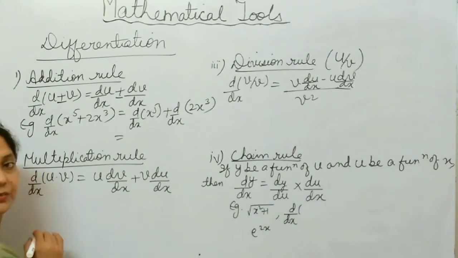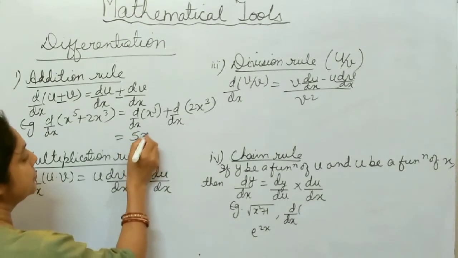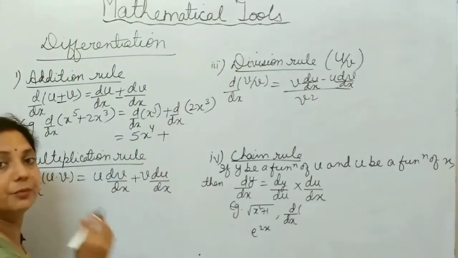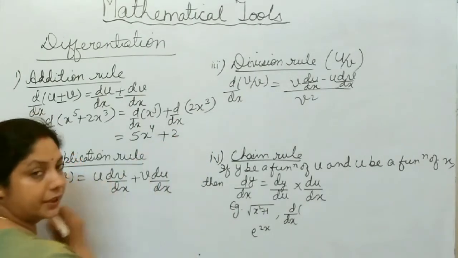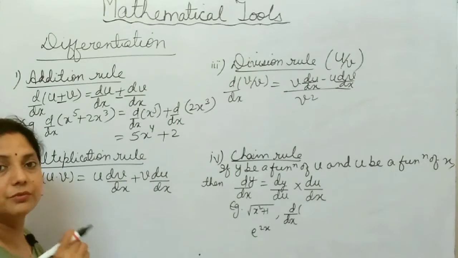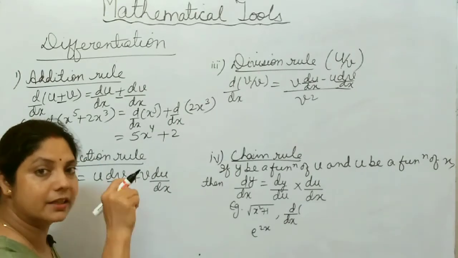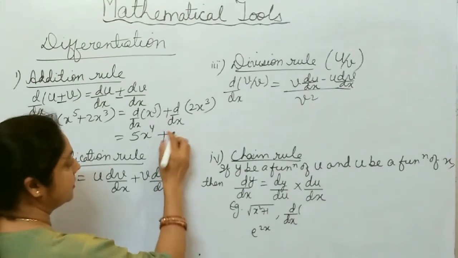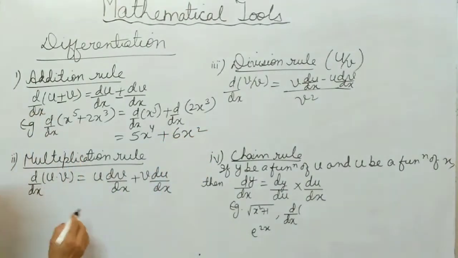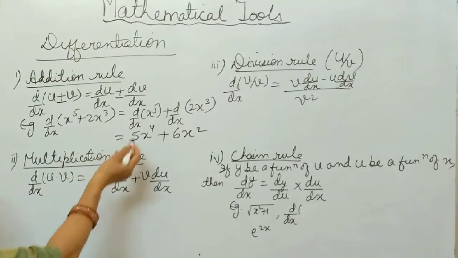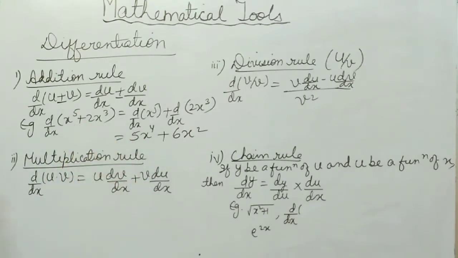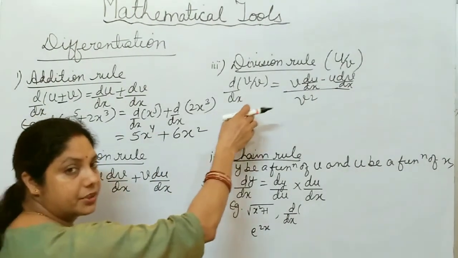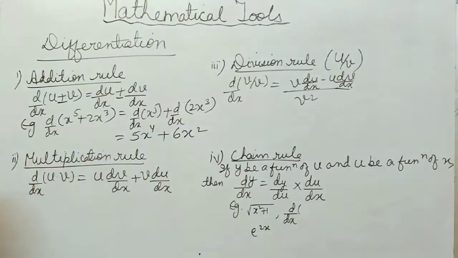Now, what is differentiation of x to the power 5? 5x to the power 5 minus 1 is 4, plus differentiation of 2x cube. 2 is constant, you take 2 outside. Differentiation of x cube is 3x square. So 2 into 3 is 6x square. In this way, you apply the addition rule. If there are 3 functions, then just add differentiation of the third function, and the fourth function in this way.